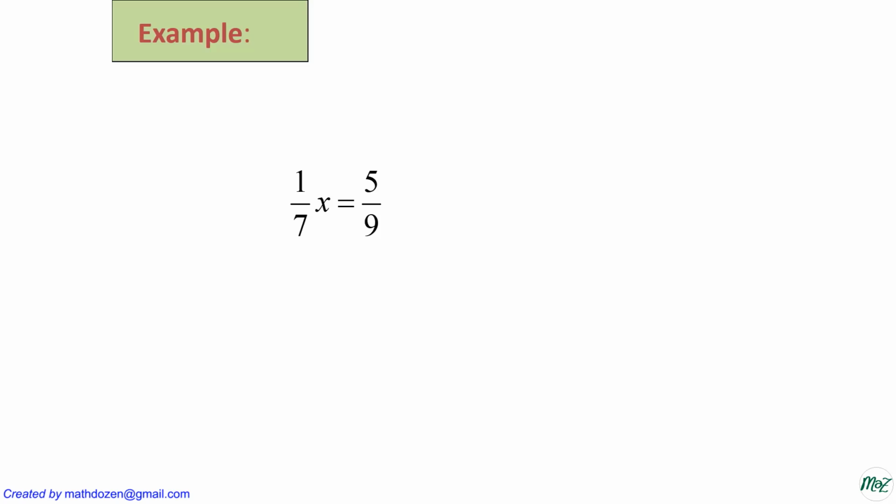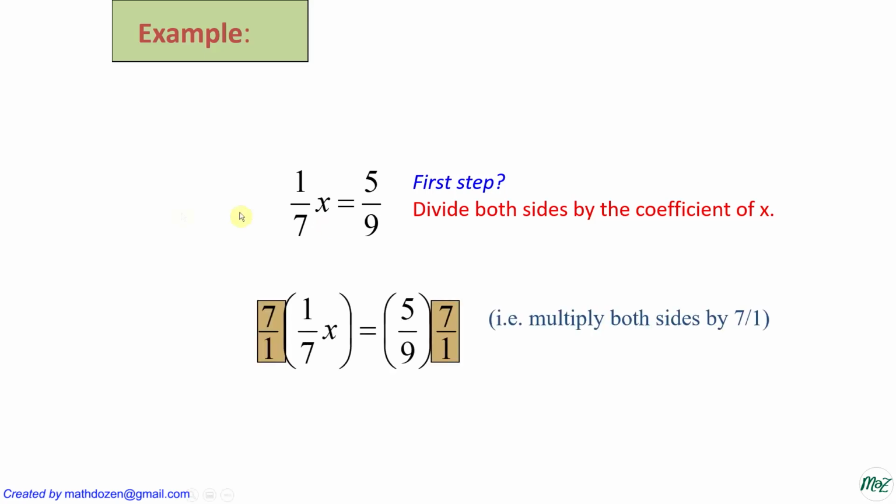We can jump directly into multiplying or dividing both sides so that we can get rid of 1 over 7 in front of the x. We can use the idea of a reciprocal and multiply both sides by the fraction that's upside down of what we see in front of the x.